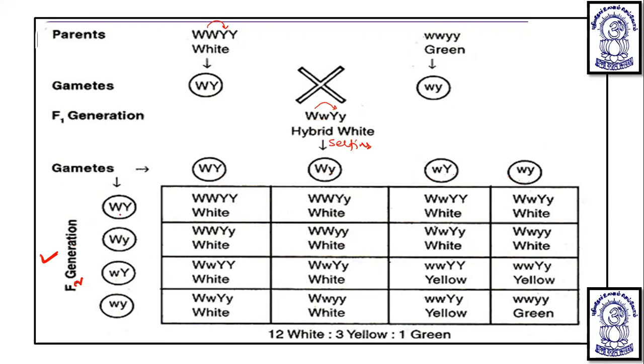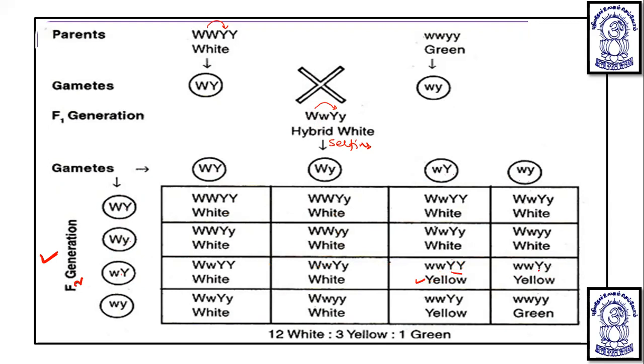When we make a cross like a Punnett square, crossing the first one with all 4 gametes, then the second with all 4, the third with all 4, and the fourth with all 4, then these 16 combinations will be obtained. Now look here, one of the important things. When there is a capital Y and with that small w is there, meaning the W gene is in recessive form, then the trait of Y is not masked and the Y gene is expressed and produces a yellow color.